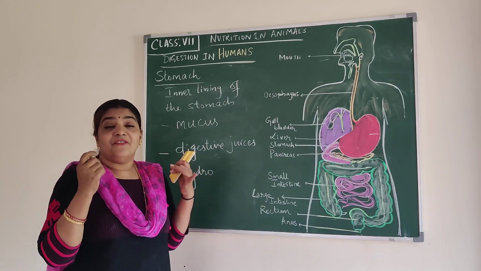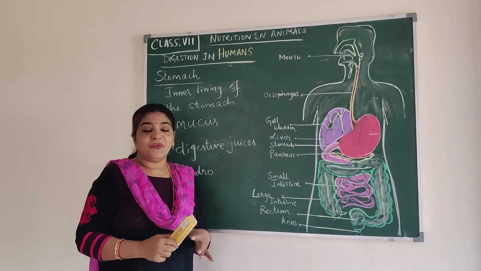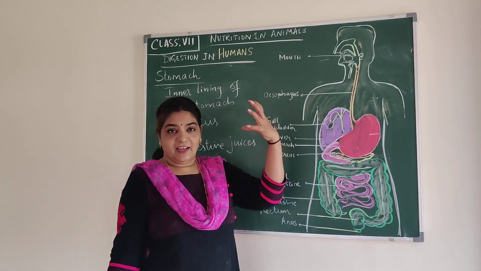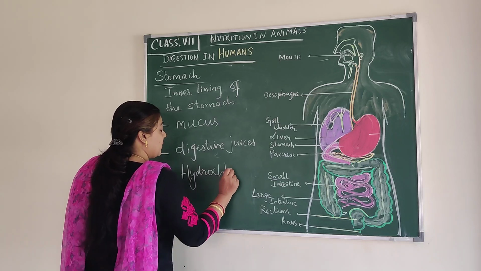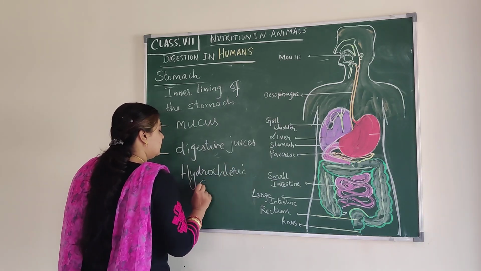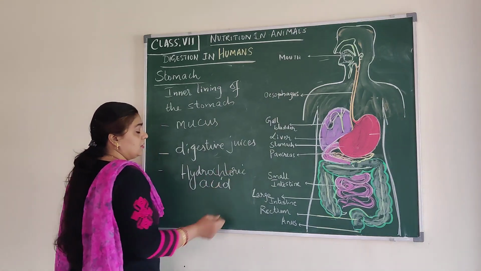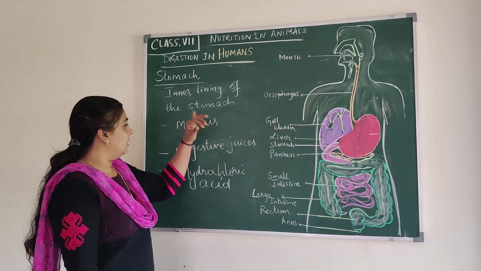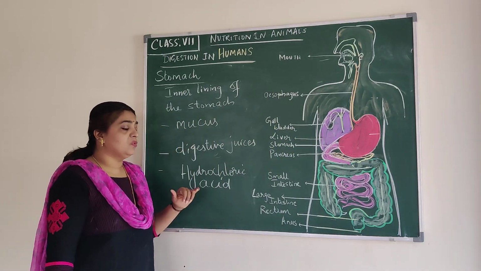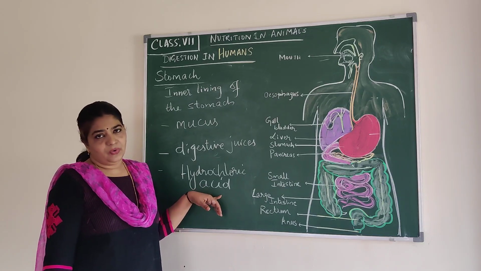Just imagine, we are carrying hydrochloric acid in our stomach. So these three substances are secreted by the inner lining of the stomach: mucus, digestive juices and hydrochloric acid.